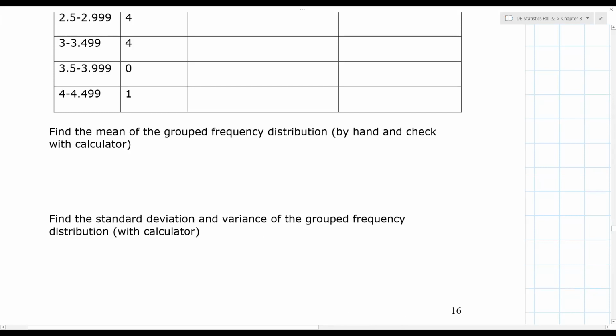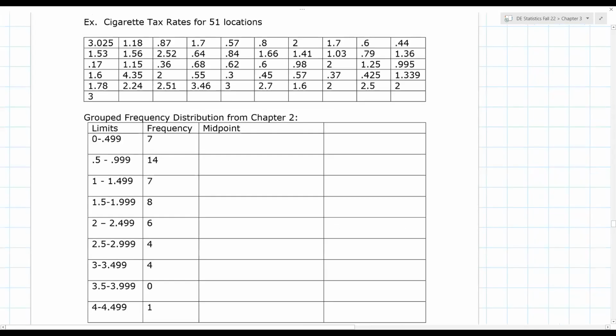Now, a question that will show up on a test and possibly a quiz, and the way the question is worded is extremely important. One of the questions could be, find the mean of this data set.